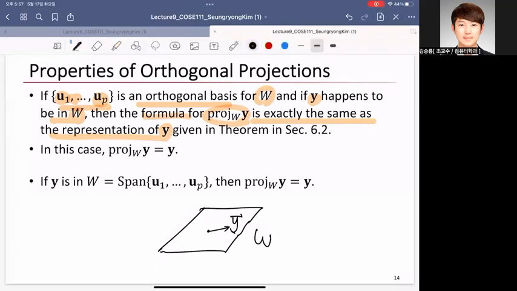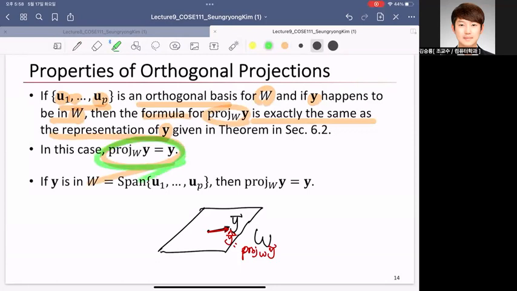It means that y hat, or the projection of y onto W, is going to be exactly the same as y.